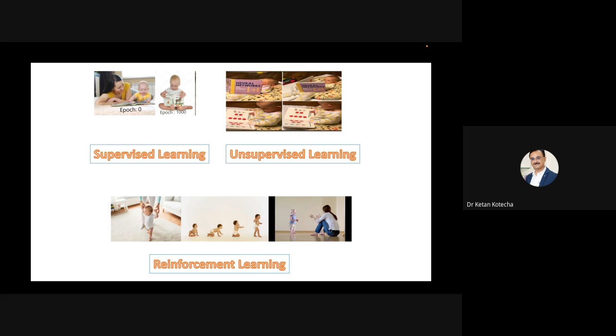And reinforcement learning is a very interesting phenomenon whereby you learn by doing. Nobody can read a book and learn how to walk. In this picture, every one of us must have undergone this training by our mom or dad, where we have been taught how to walk or how to swim. All these cases are classical examples of reinforcement learning.